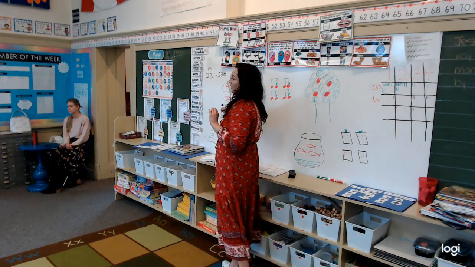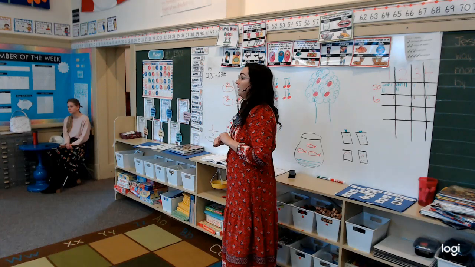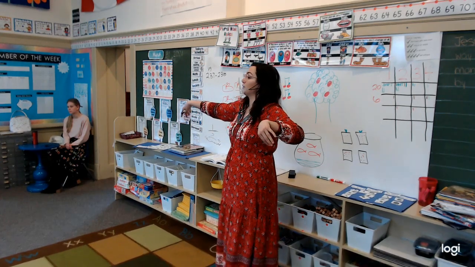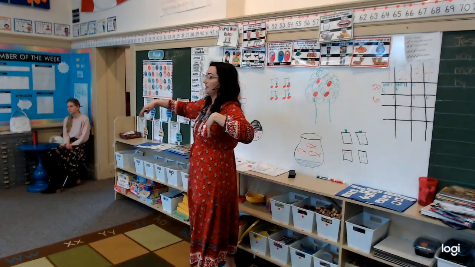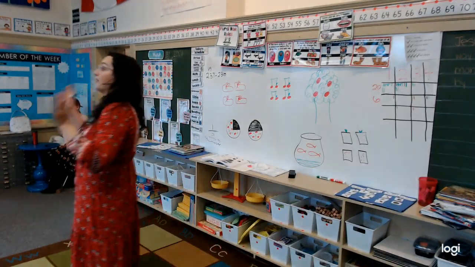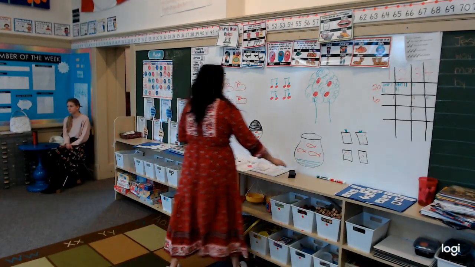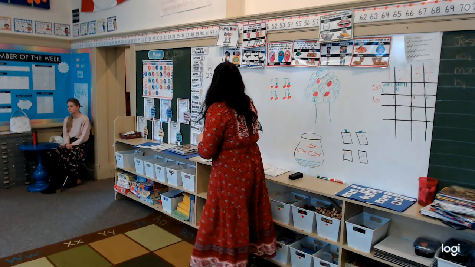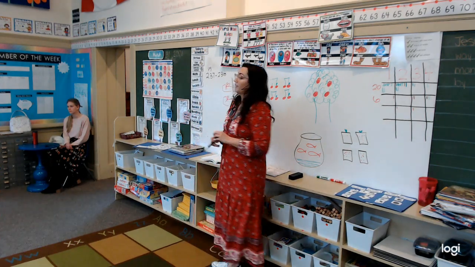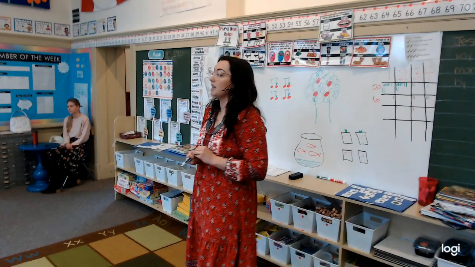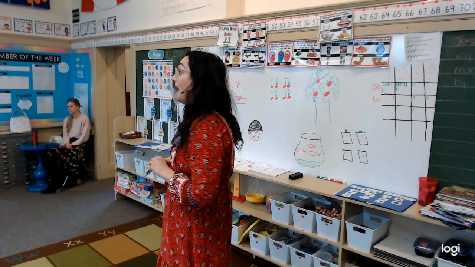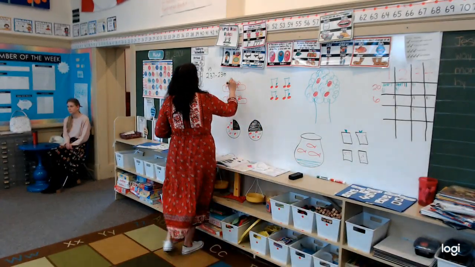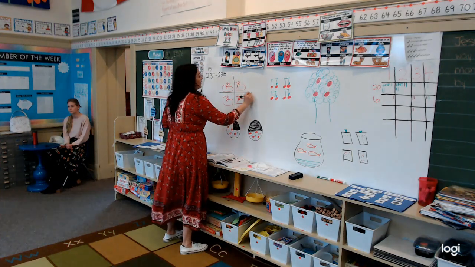So now we're looking at it as 4 individual shoes. Does that make sense? We're not thinking about pairs of shoes. We're not thinking in halves. Now we're thinking in fourths. So if I were to equally divide it up into 4 groups, how many shoes would be in each group? 1. Yeah, for sure. So I would do this. And Willow, do you remember how to write in fourths?